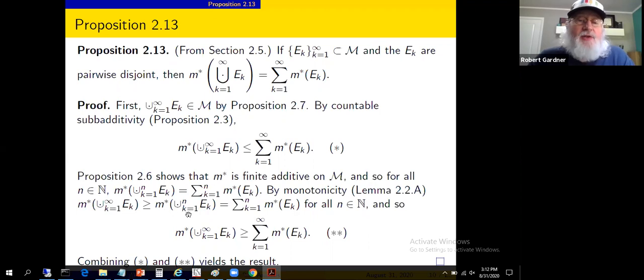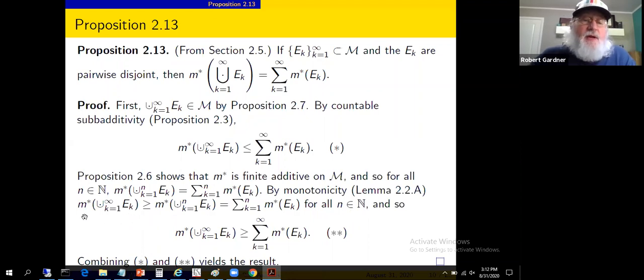Now the outer measure of the finite union can be expressed using finite additivity. As we just observed, the outer measure of the finite union is the finite sum, so we get an equality there. There's where we're using explicitly finite additivity. And this holds for all n.